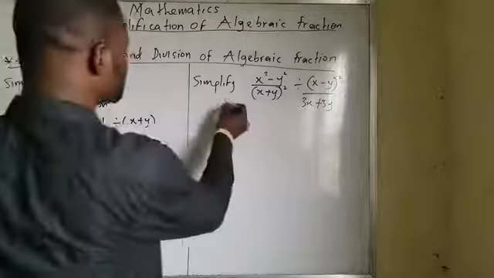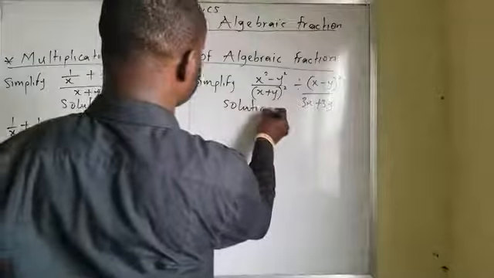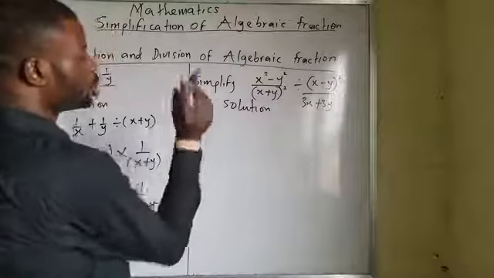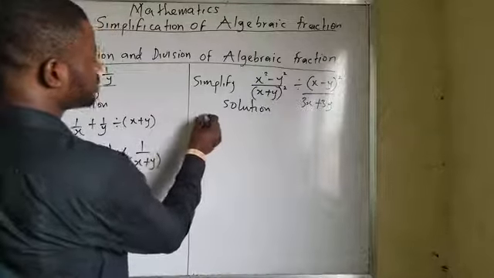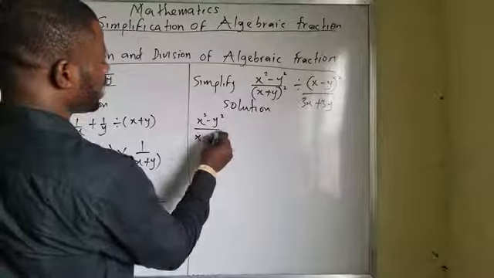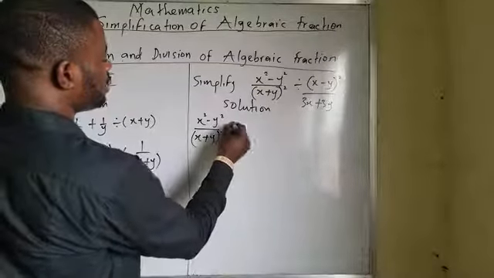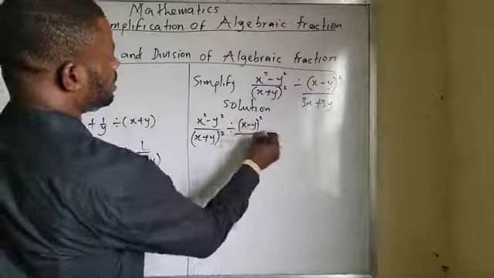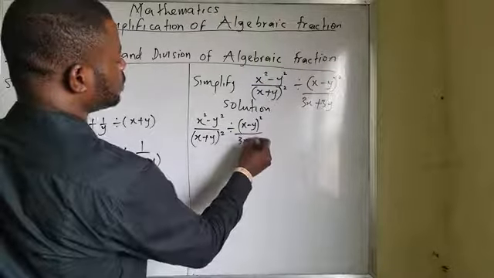Now, solution to this one. The first thing I will need to do, go on difference of 2 squared, x squared minus y squared divided by x plus y squared. I have x minus y divided by 3x plus 3y.